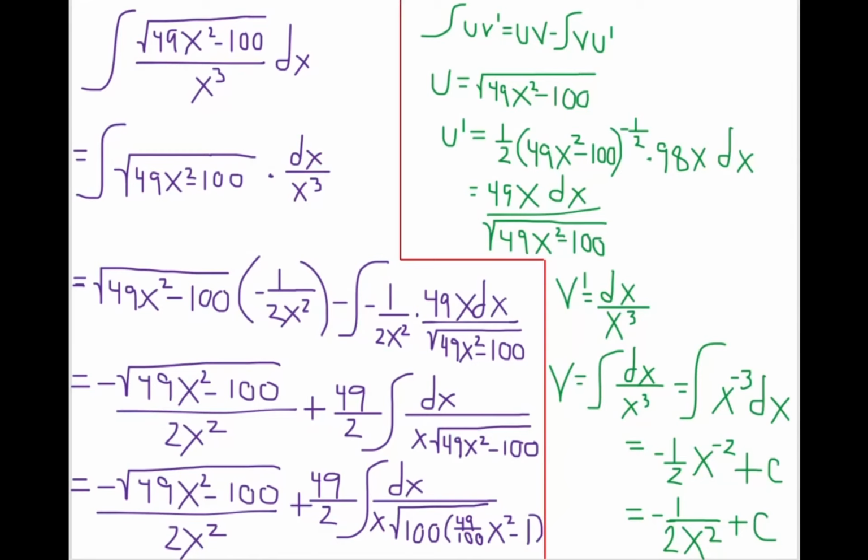So you're going to be taking the integral of u v prime, and for our integral, we need to choose our u and choose our v prime. I'm just going to rewrite that. So I have the integral of the square root of 49x squared minus 100 times dx over x cubed. So this is our other factor here. I know it looks like division, but just remember division is always the same thing as multiplying by the reciprocal.